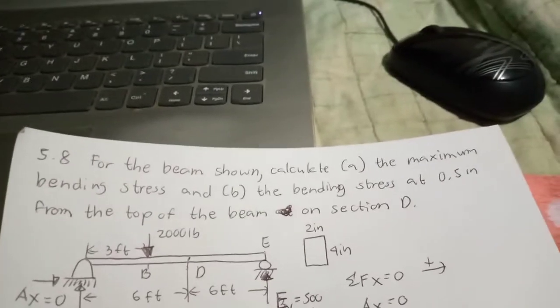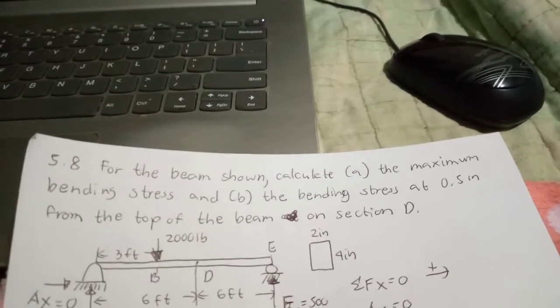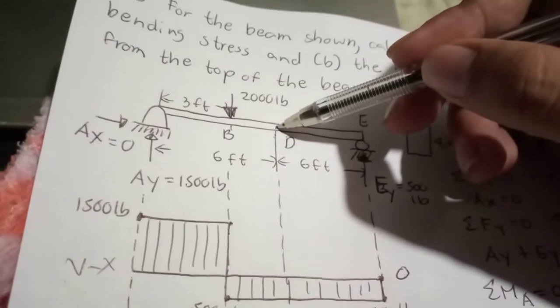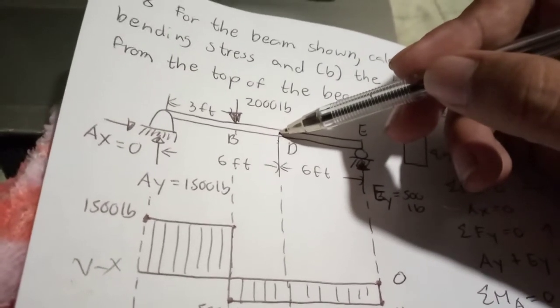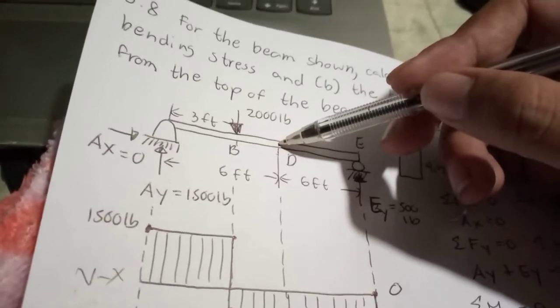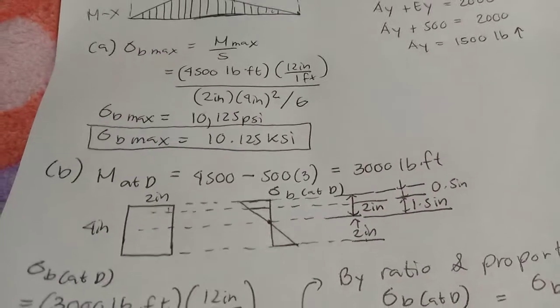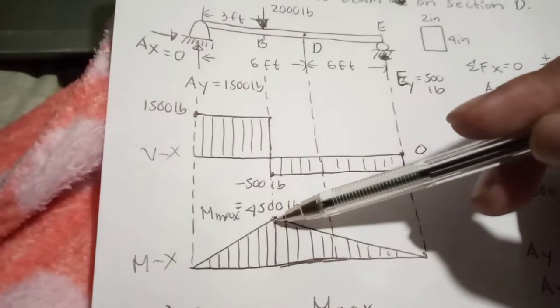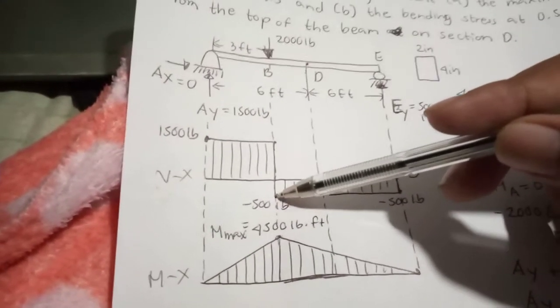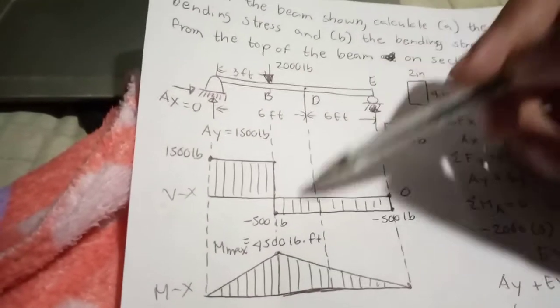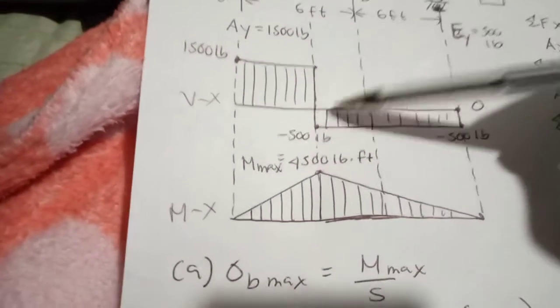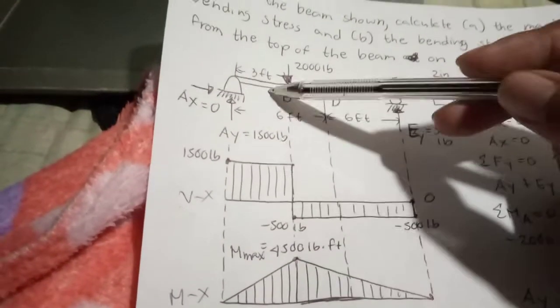Here we now try to find the bending stress at 0.5 inch from the top of the beam on section D. So first, we must compute the moment at D. The moment at D is equivalent to 4,500 minus the area from 3 to 6, so 4,500 minus 500 times the length, which is 6 minus 3, which is 3.